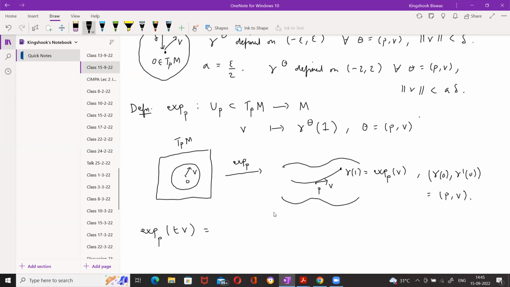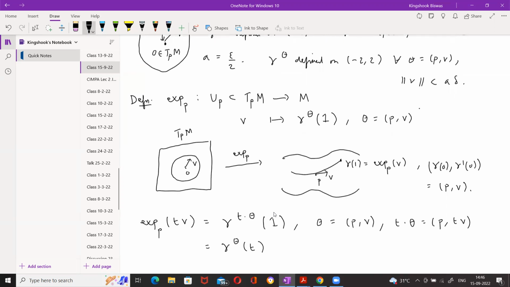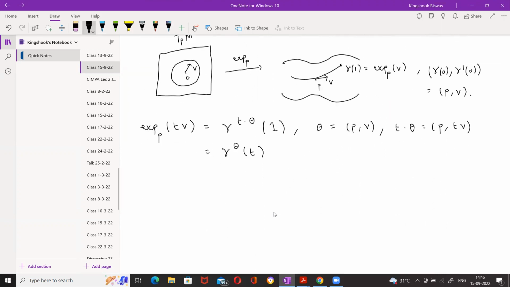By definition, this is going to be gamma of T dot theta at 1, where theta is (P, V) and T dot theta is (P, TV). But by homogeneity of geodesics, this is equal to gamma theta of T. Therefore, we get that gamma theta of T, the geodesic with initial conditions P, V, is equal to X_P of TV.